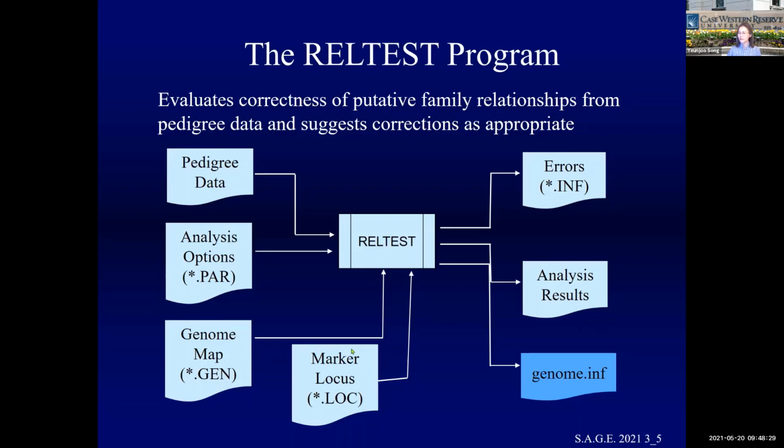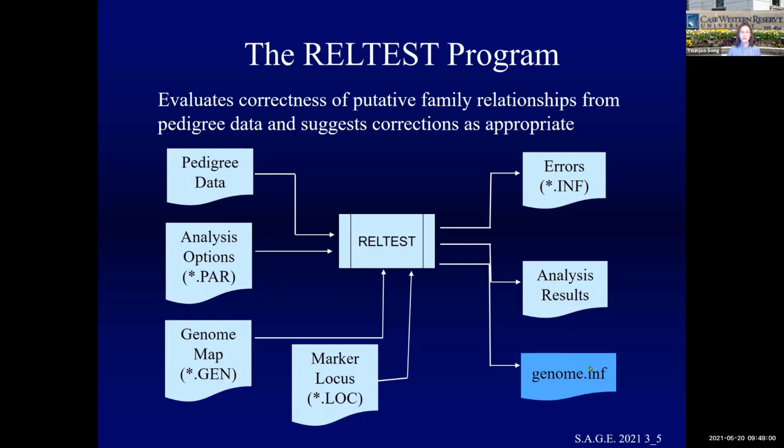Another file we talked about previously is the marker locus description file, which has the allele frequencies and the phenotype and genotype relationship between markers and phenotype. So you need the pedigree data file, parameter file, genome map file, and the marker locus description file to run rel test. And then it will give you the error file, .inf file, and all the analysis result file.